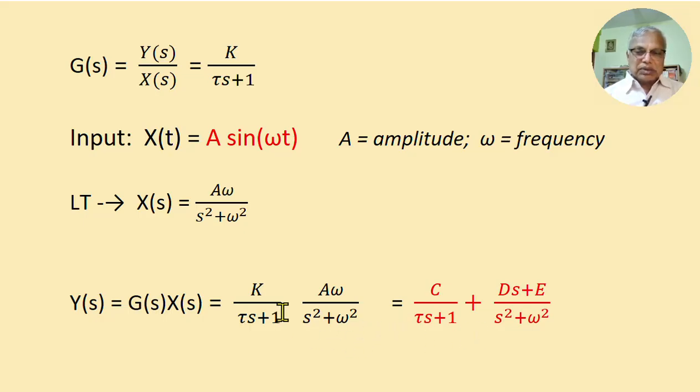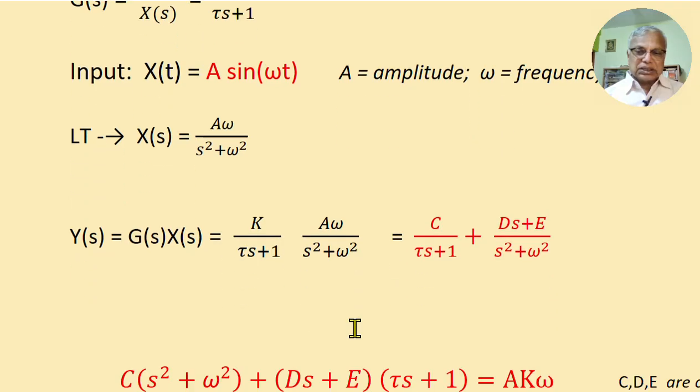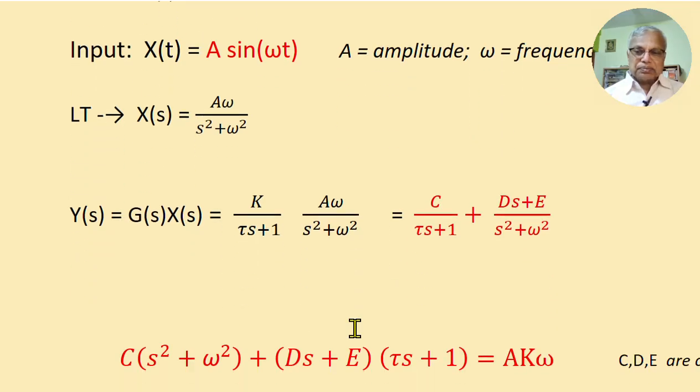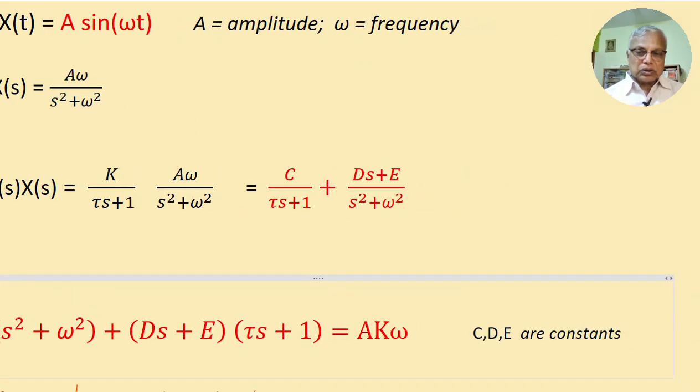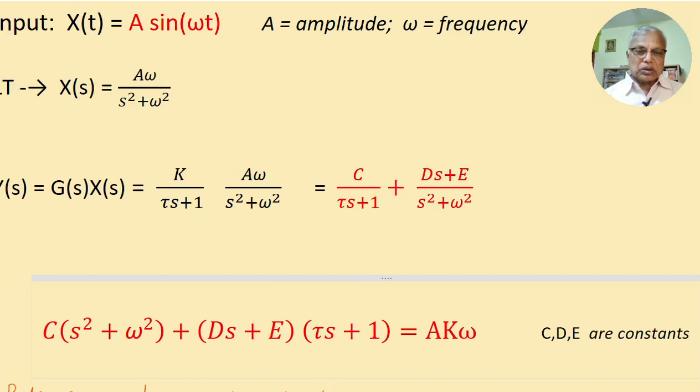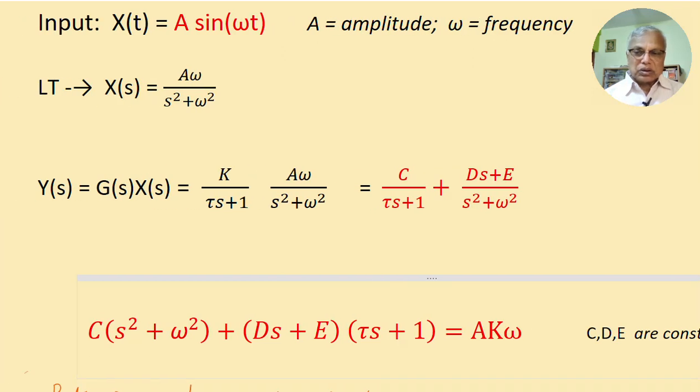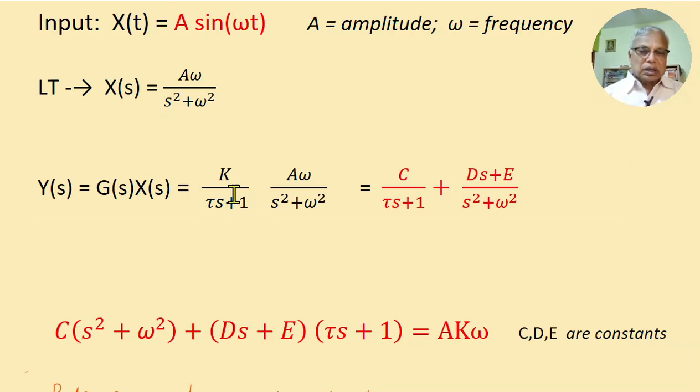So let us multiply both the left hand side and the right hand side by the LCM. You will get C into s square plus omega square plus Ds plus E into tau s plus 1 equal to the numerator, A K omega.